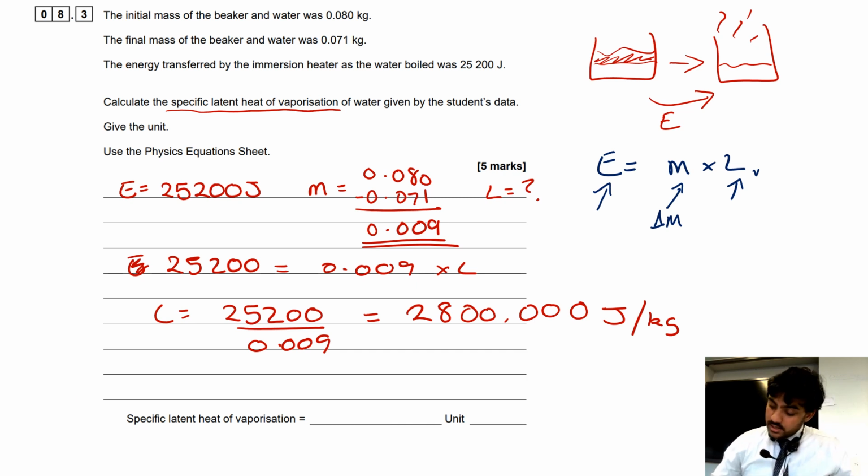And in standard units, that happens to be 2.8 times 10 to the 6 joules per kilogram.